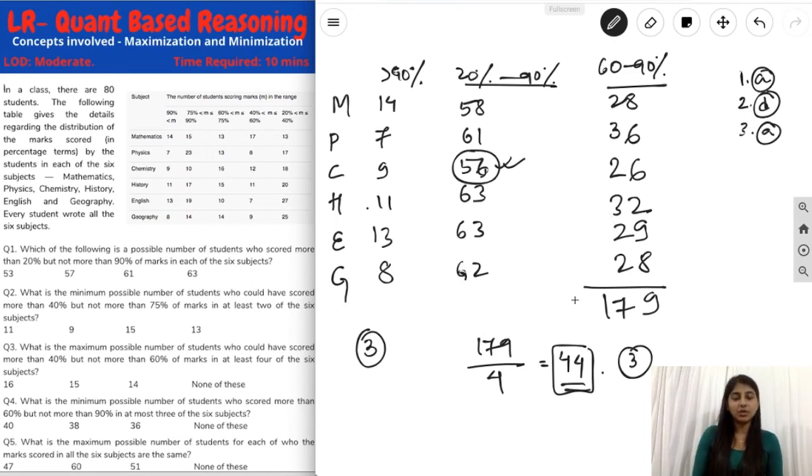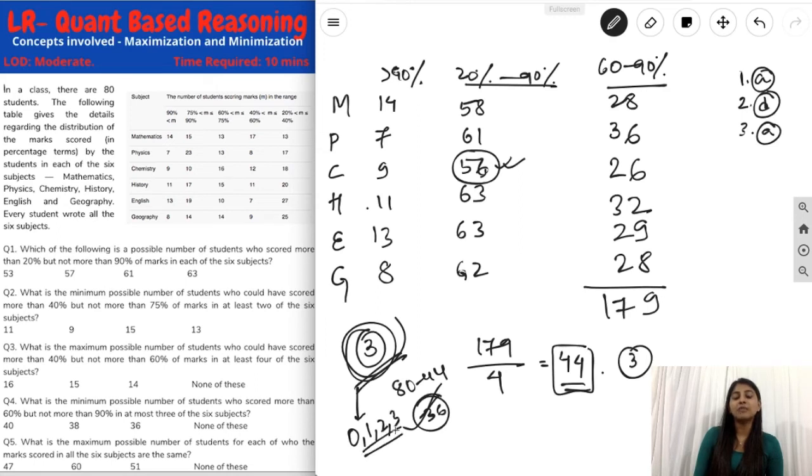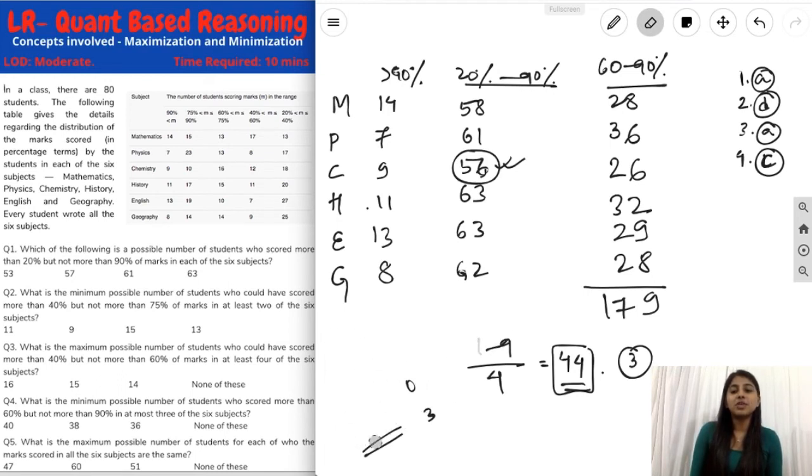So at most 3, when they say how many can have it, 80 students minus these 44. So remaining 36 of them can have at most 3, which might include like 0, 1, 2, 3. At most 3, maximum 3. Okay. The answer to the fourth question is option C, 36. Okay. Let's see the next question.